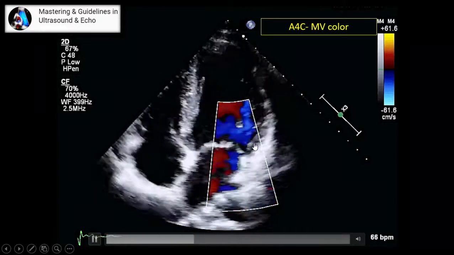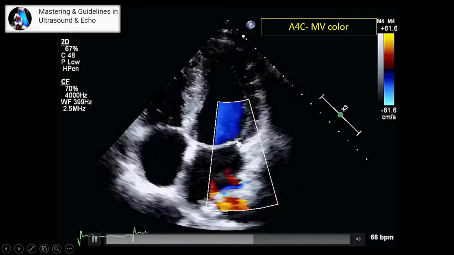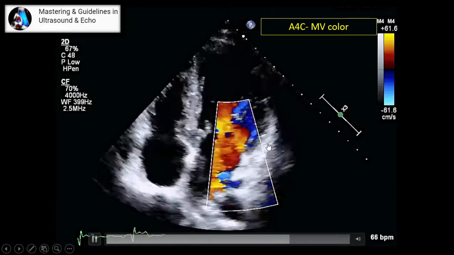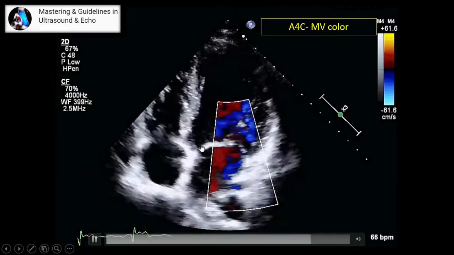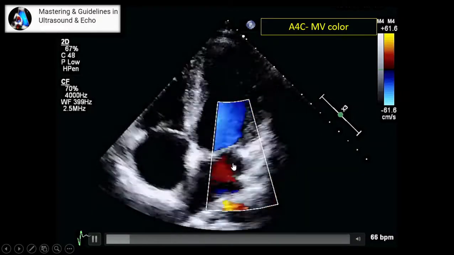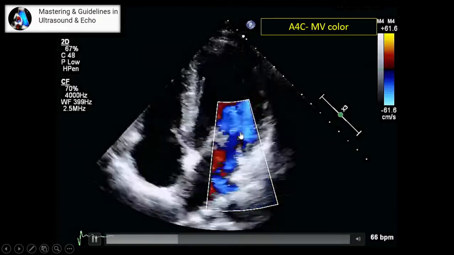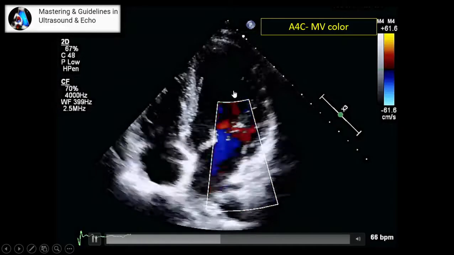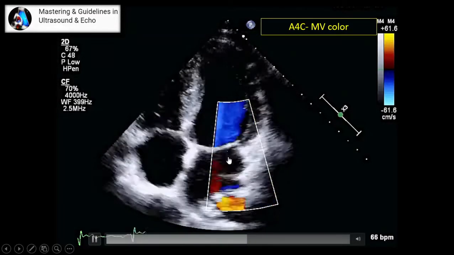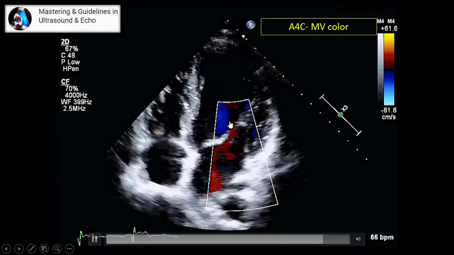Here, for example, we are not completely covering all the mitral valve leaflet, so it's better we move the color box a little to the left and cover all the mitral valve leaflet. And the height of the color box is a little high, but it doesn't affect our frame rate. We can just make it a little shorter, to just cover that area.